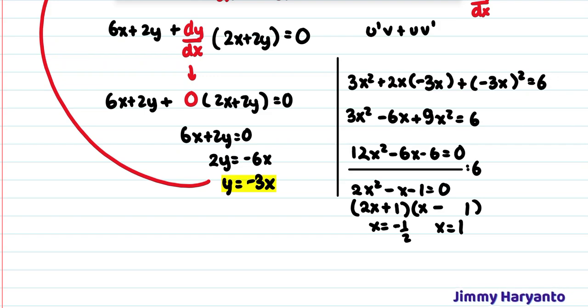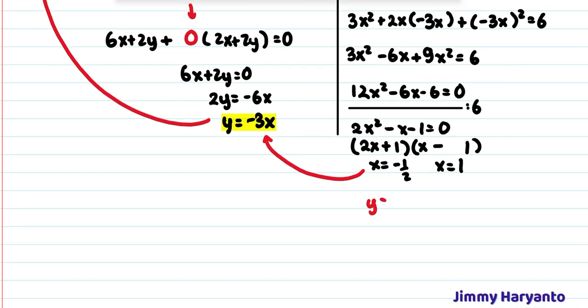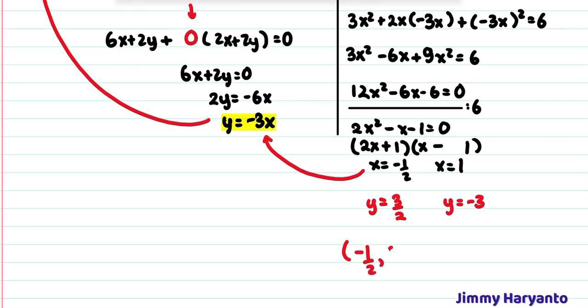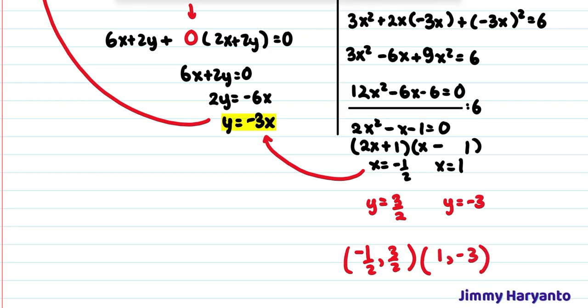The question says point, that means you have to find the y of the x. Yeah, so this one is 3 over 2, and this one is negative 3. So the stationary points are negative half comma 3 over 2, and one more is 1 comma negative 3. That's it. These are the stationary points.